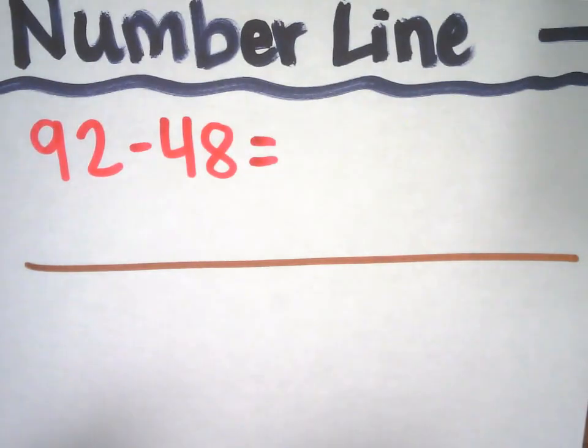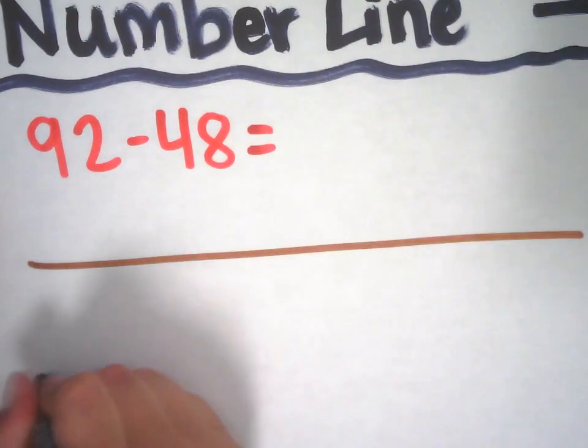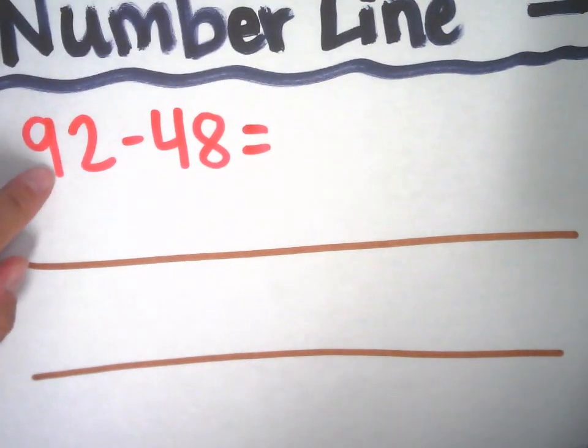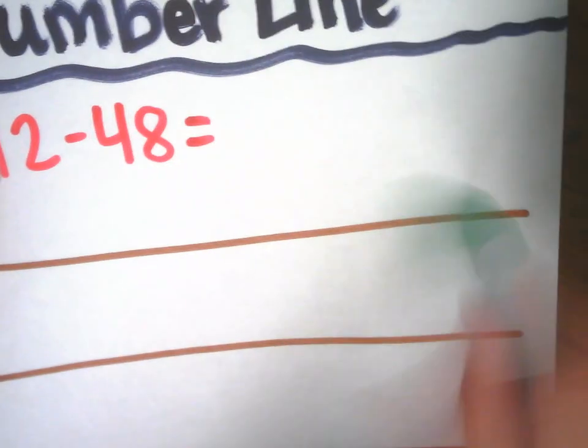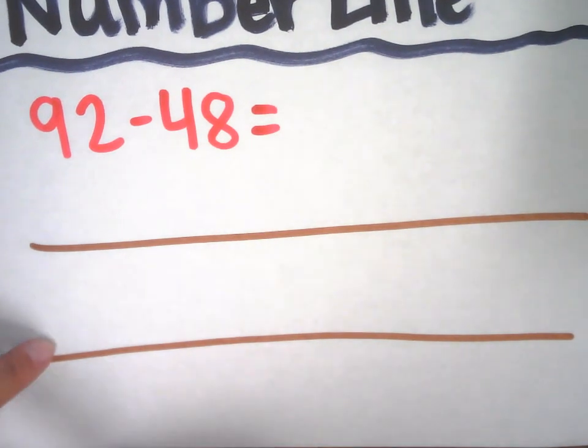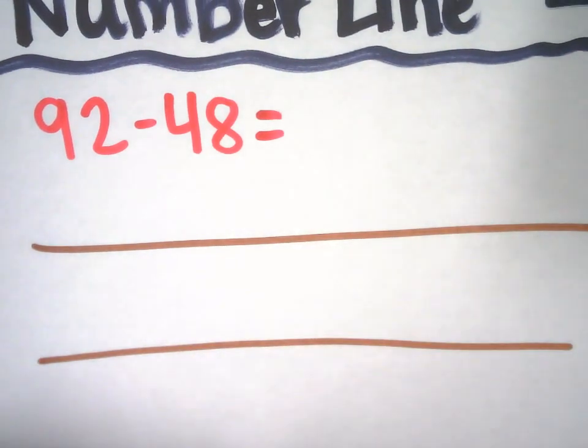All right, so there are 2 ways. I'm going to draw 2 lines because there are 2 ways to do a number line for subtraction. We can start with the whole and start on the right side and count backwards, or we could start at 48 on the left side and count forwards until we get to 92. So there's 2 ways. I'm going to show you both.